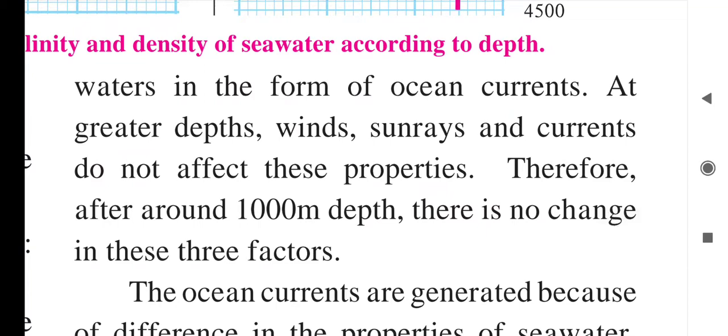At greater depth, wind, sun rays and currents do not affect these properties. If we go to the 2000 meter depth, then sun rays, wind and ocean currents will not affect the sea properties. Therefore around 1000 meter depth there is no change in these three factors. Here they have considered 1000.